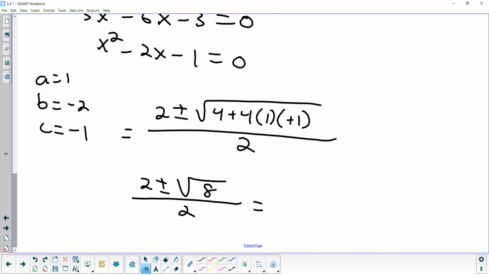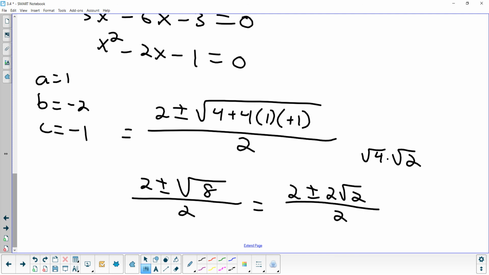And how can we simplify the square root of 8? Matt? Wouldn't it be 2 square root of 2? Yes, 2 square roots of 2. You can split up the square root of 8 like this: square root of 4 times 2, that is 2 square roots of 2.